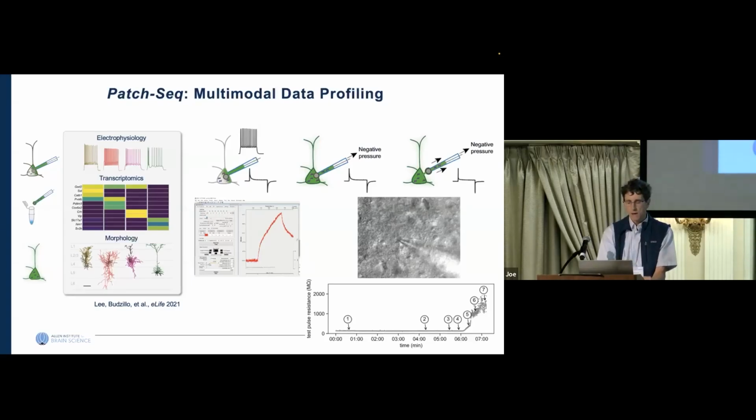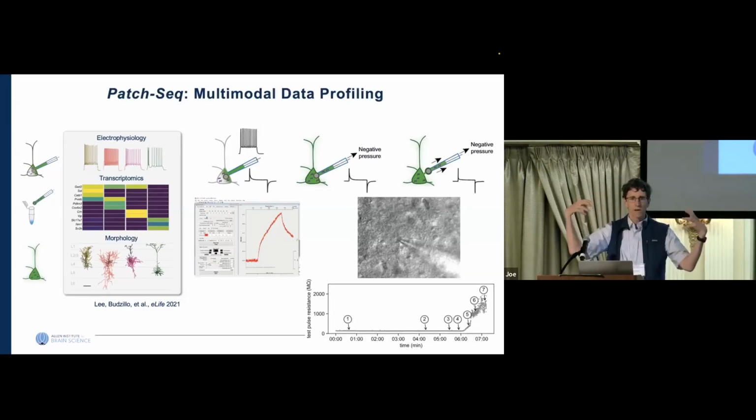And then through this pipette you can take out the RNA either from the cell or the nucleus of the cell and ship that off to be sequenced. And then when you're done with that, you fill it with something called biocytin, and this stabilizes the cell, and it can be sliced, and then you can image it to get the morphology.